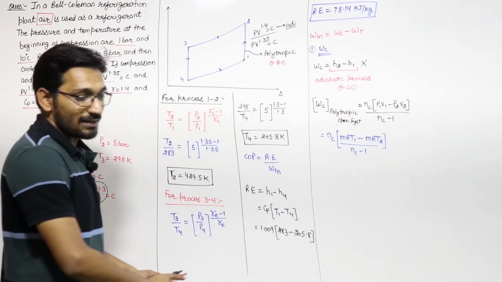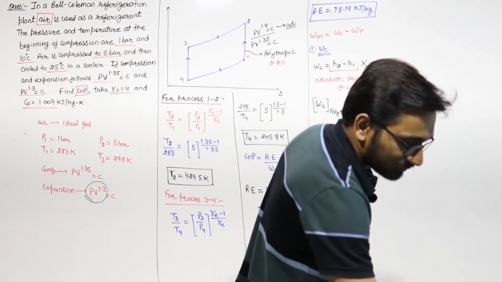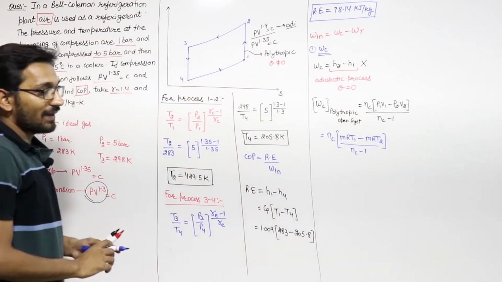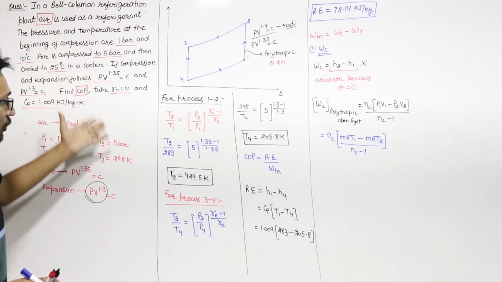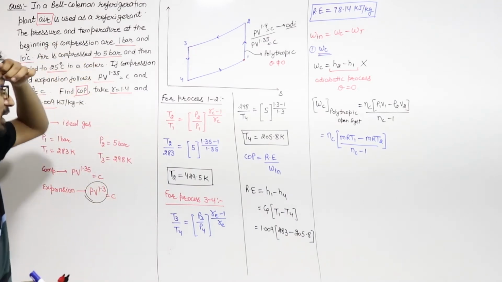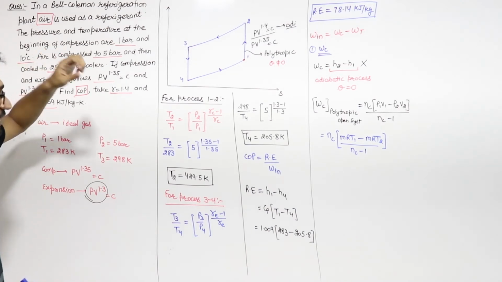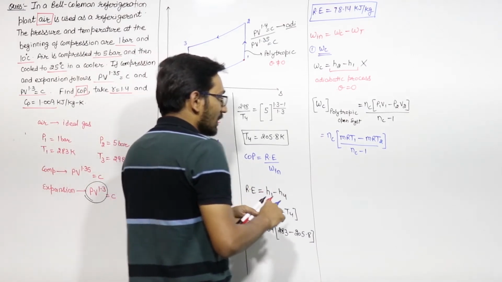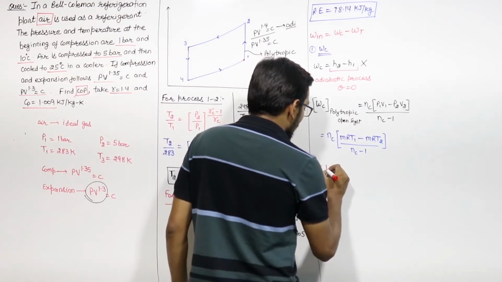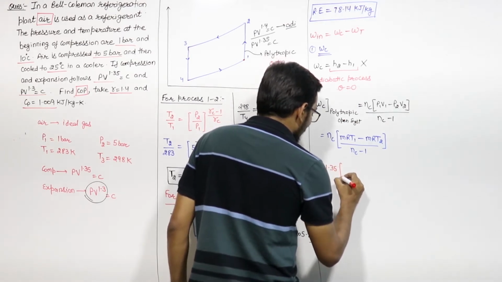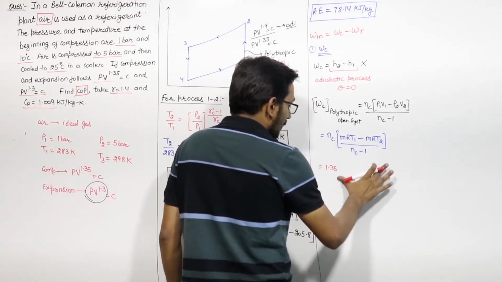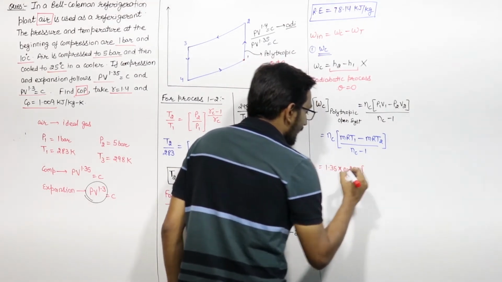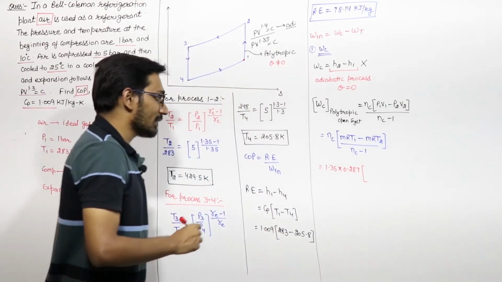Now there is no term of mass here, and we are not able to calculate the mass with the help of the given data, so we are taking mass as unit. What is Nc? 1.35. Mass we are taking as 1. And R, if we are taking it common, R for air is 0.287. You know that, right?